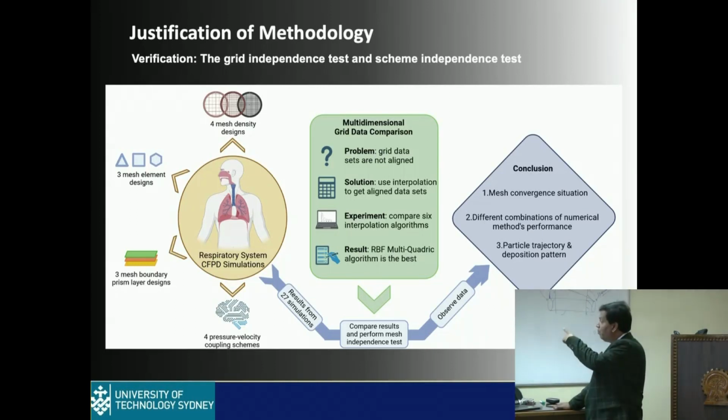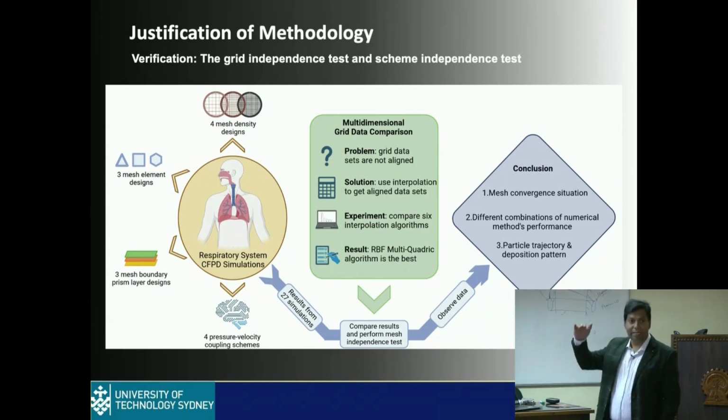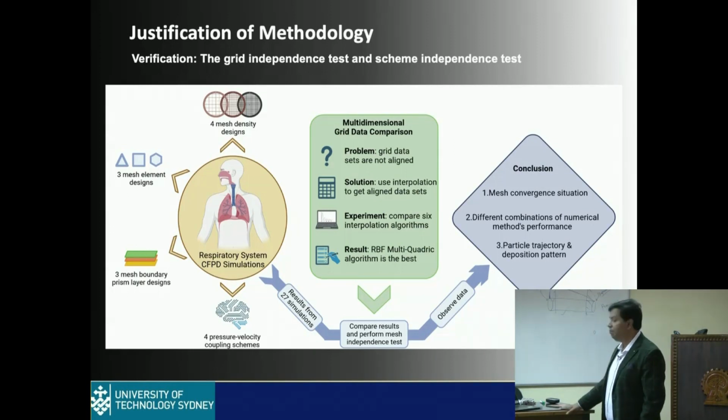We tested 3 mesh boundary layers to see whether the result changes or not. And then we used 4 pressure-velocity coupling schemes. We have a lot of schemes like SIMPLE, PISO, a lot of things. We just used 4 of them, and then we compared our results and performed the mesh independence test. And at the end we got the result.